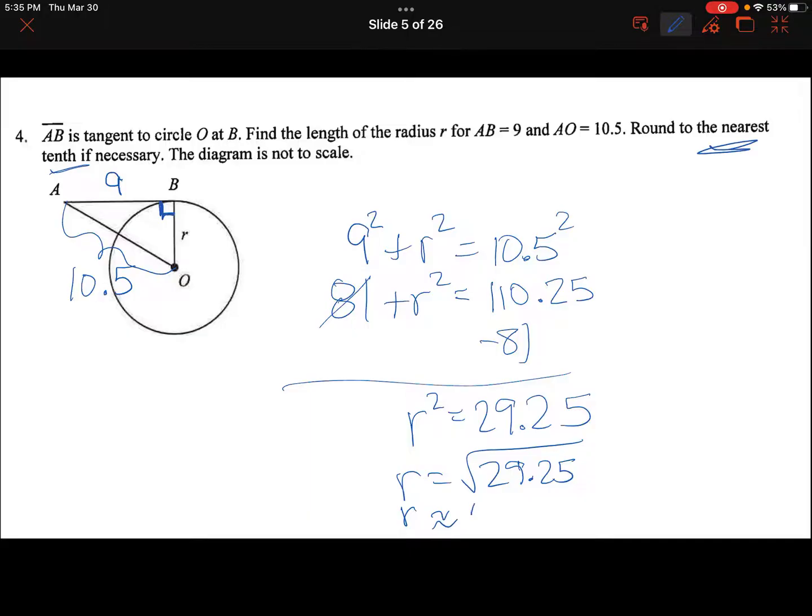So I have 5.408. If I'm rounding to the nearest tenth, then I'm looking at the number after it to see whether I should round it up or leave it the same. And I do end up with approximately 5.4 here.